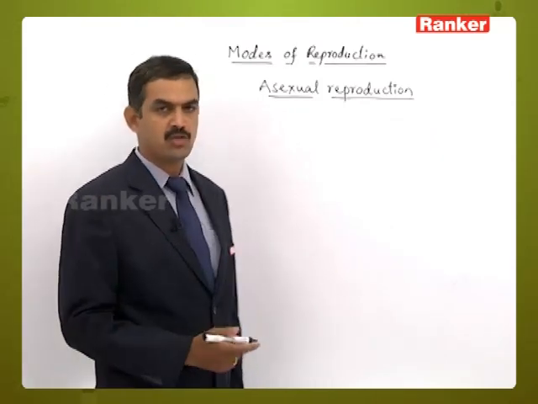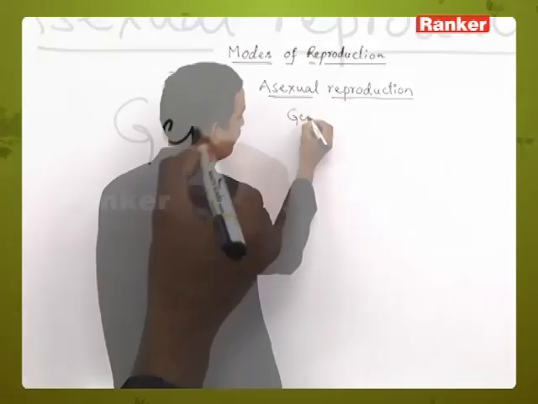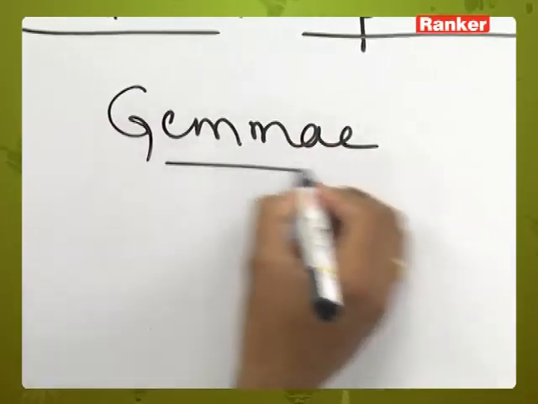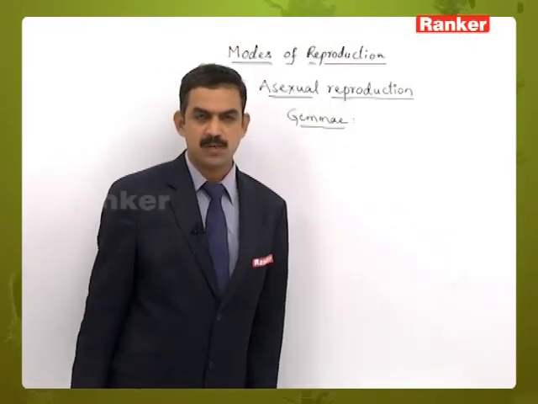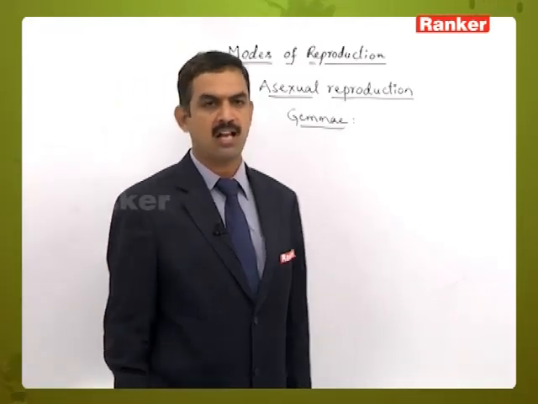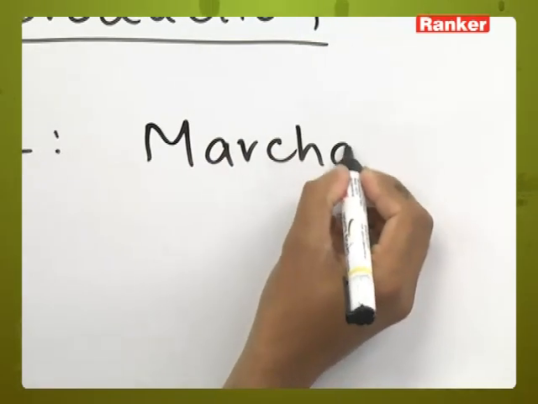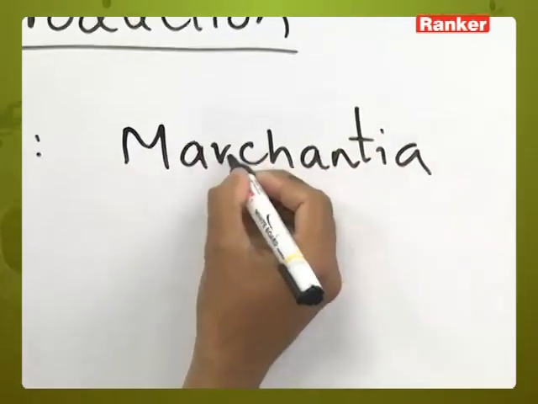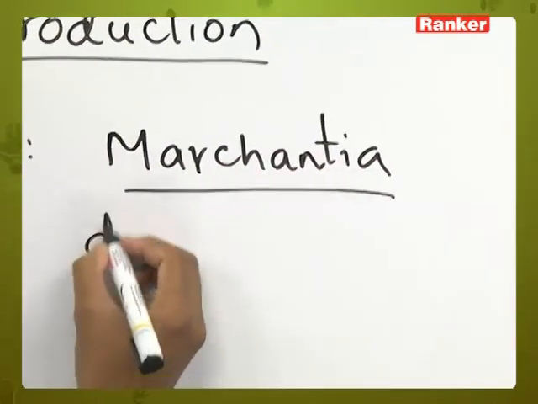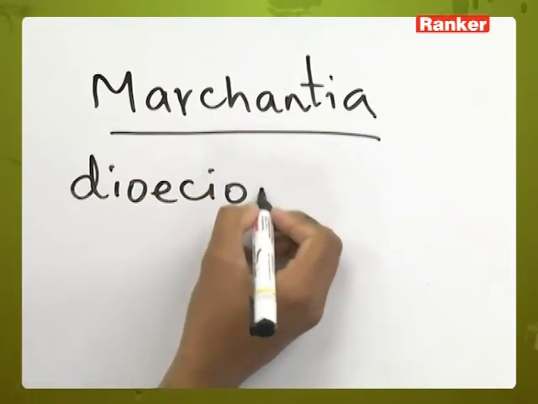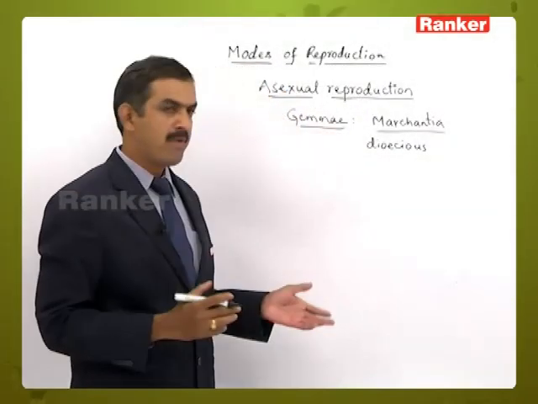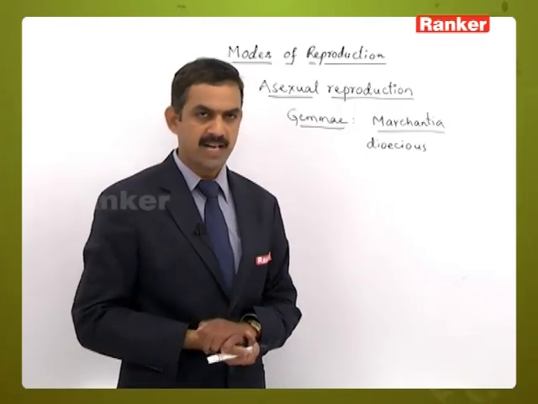The next type of asexual reproduction is by gemmae. Gemmae are the special type of asexual structures which are observed in bryophytes like Marchantia. Marchantia is a dioecious plant, that is, the male prothallus is separate and the female prothallus is separate.